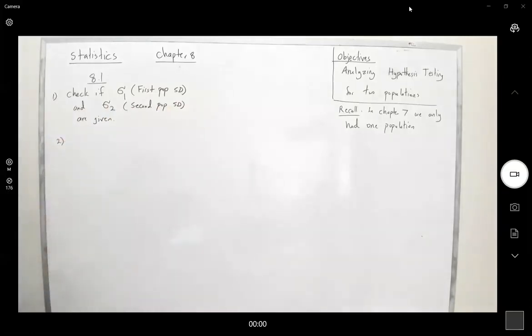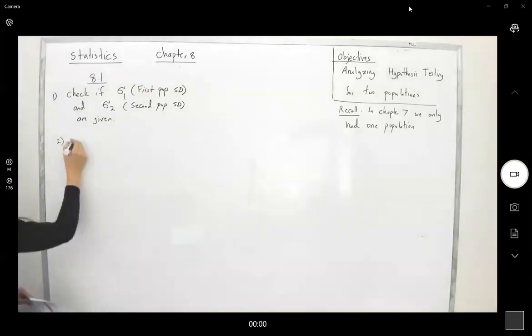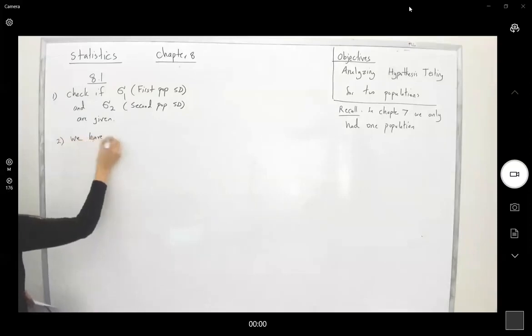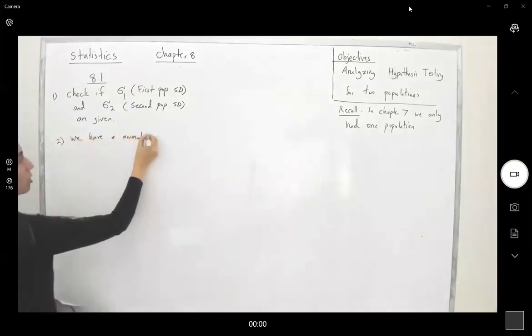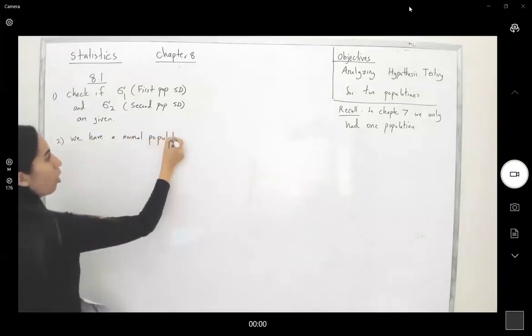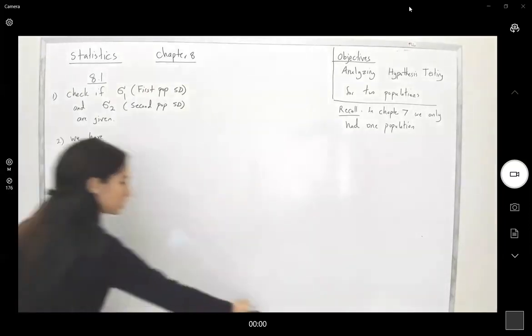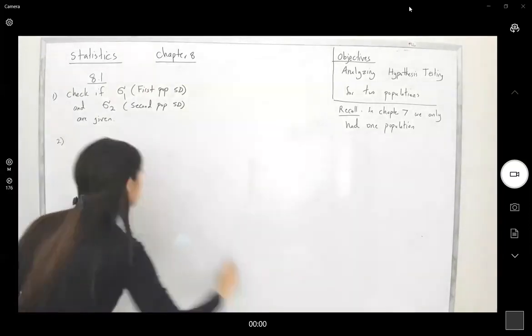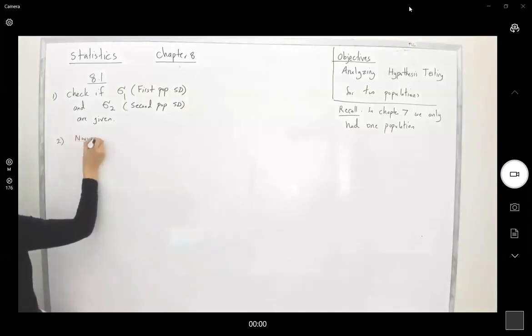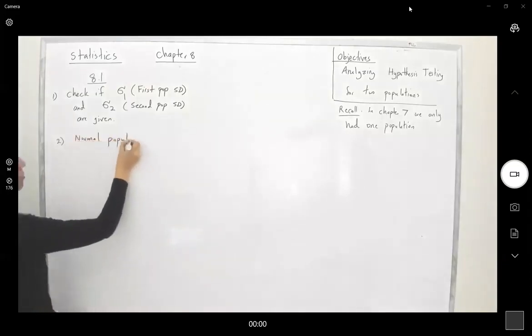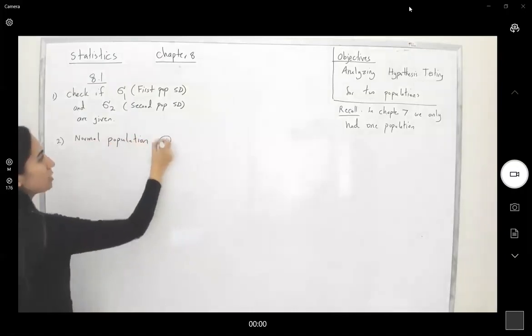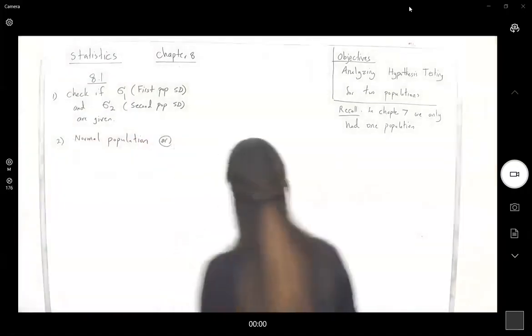The second step is we have normal populations and samples are independent from each other. We are working with two populations. So let's write this here: normal populations, or if normality is not given to us, then we have the following.